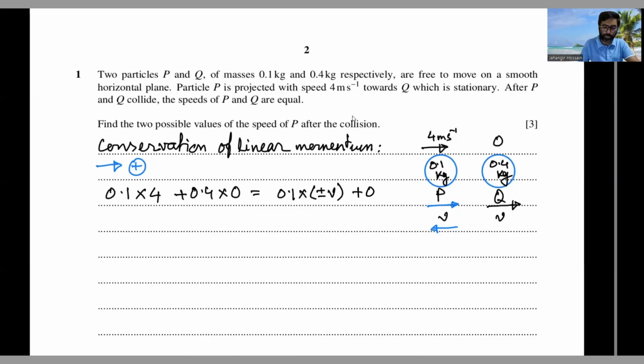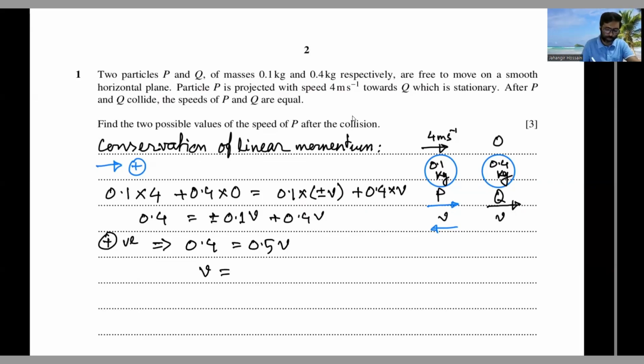Plus mass of Q times its velocity, which is V. Now we have two possible equations: 0.4 equals plus or minus 0.1 V plus 0.4 V. Now, if we consider positive, then we have 0.4 equals 0.5 V. So V is 4 by 5 meters per second.